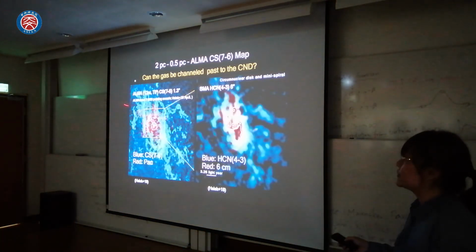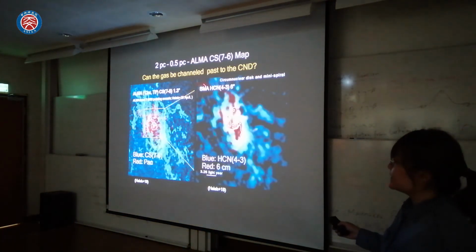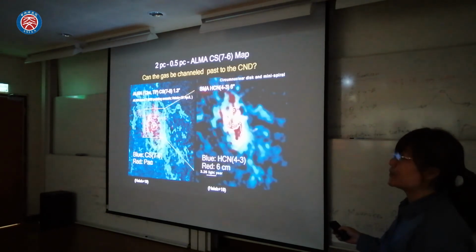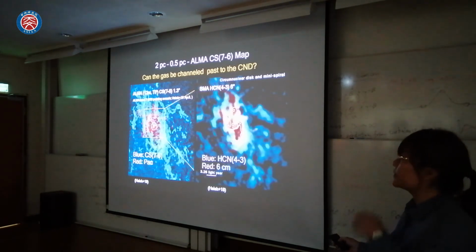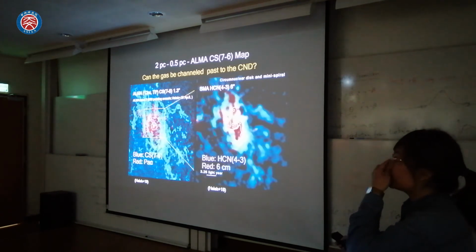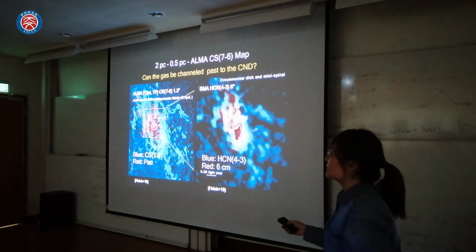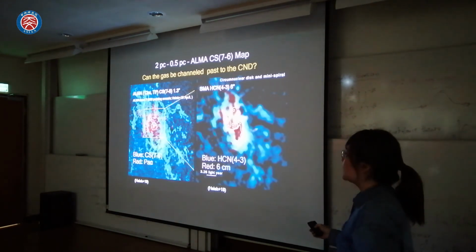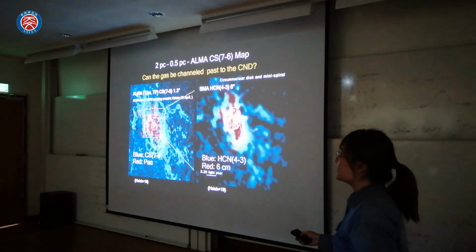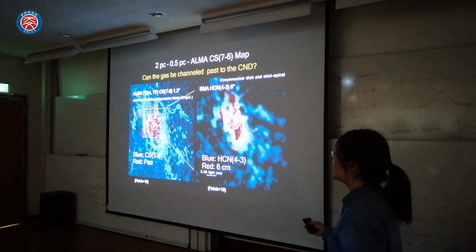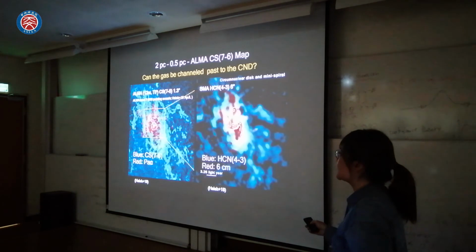So this is a comparison between the ALMA and SMA maps. Honestly speaking, I would say the SMA map is already pretty good compared to the previous single-dish map. The high resolution given by ALMA tells us that these micro clouds resolve into multiple filament-like structures within this block shown in the lower-resolution SMA map.